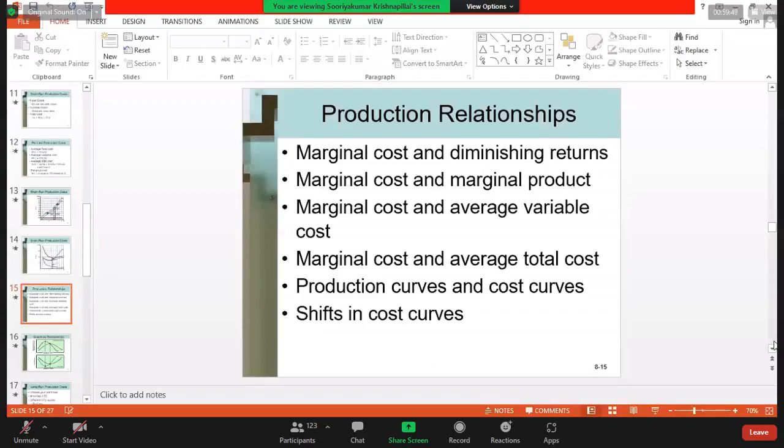But marginal cost and average variable cost change, so average total cost will change. So average variable cost, average total cost, and marginal cost shift upward. If the input price decreases, then these shift downward.